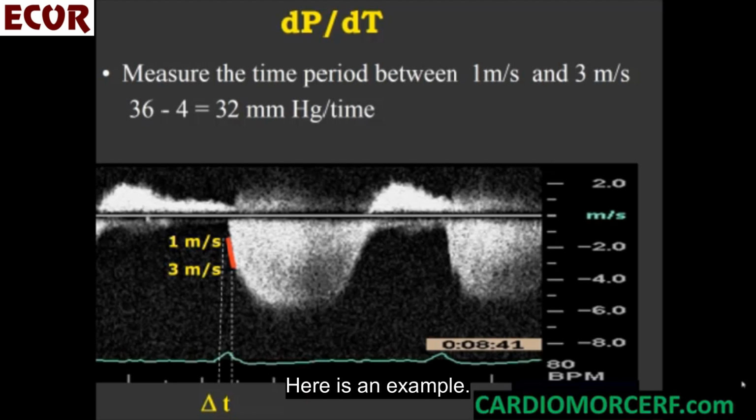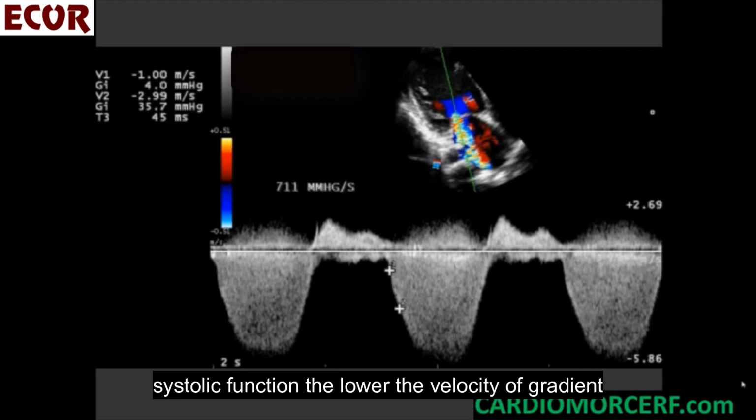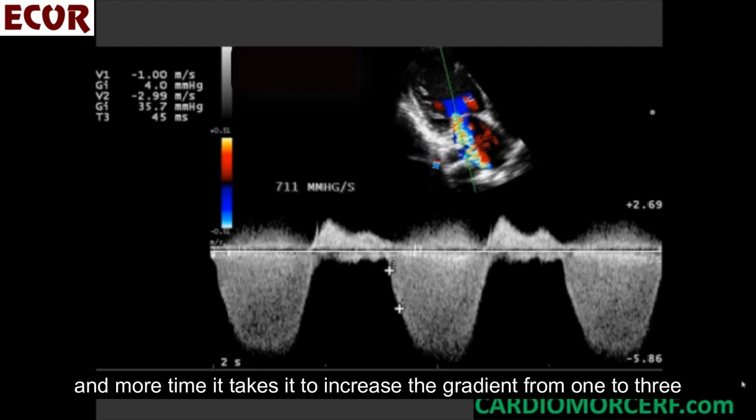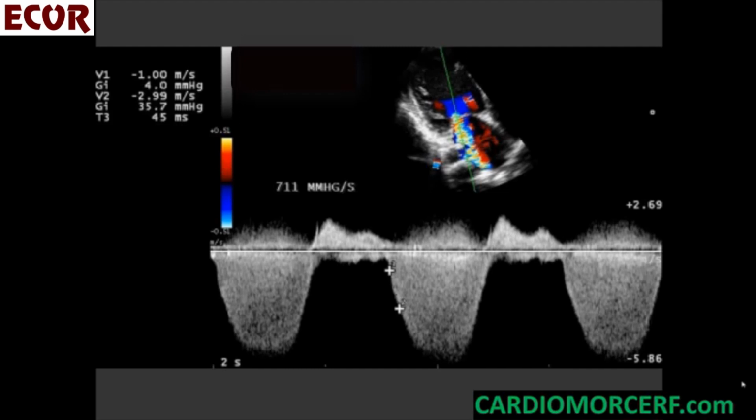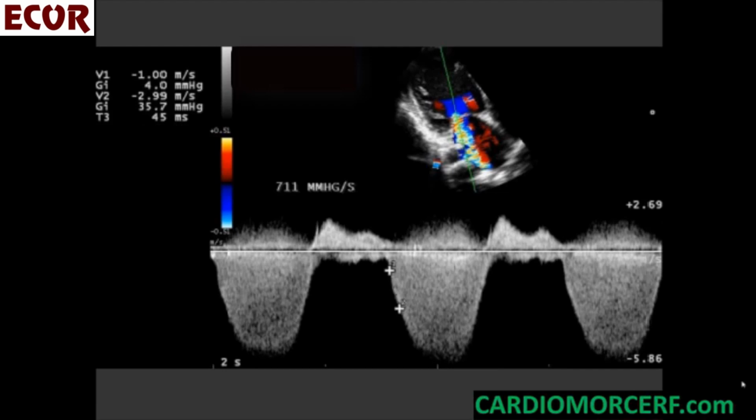Here is an example. There is a mitral regurgitation, and we know that the worse the left ventricular systolic function, the slower the velocity of gradient increase between left ventricle and left atrium, and the more time it will take to increase the gradient from 1 to 3 meters per second, corresponding to a gradient difference of 32 millimeters of mercury.